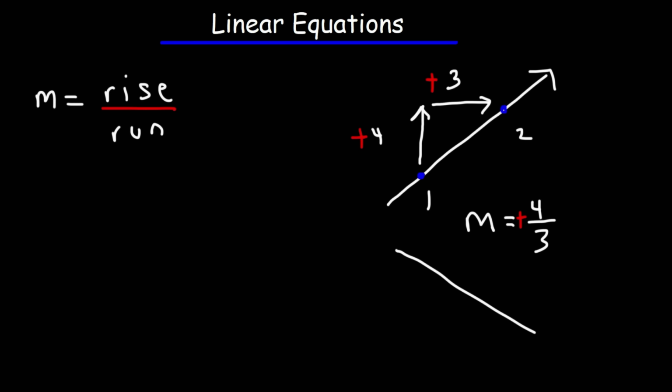Now here's another example. Let's say to go from this point to that point, we need to go down 3 units. So the rise is negative because we're going down. So let's say negative 3 units. Let's say we have a run of positive 5. It's positive because we're moving to the right. The run should always be positive.